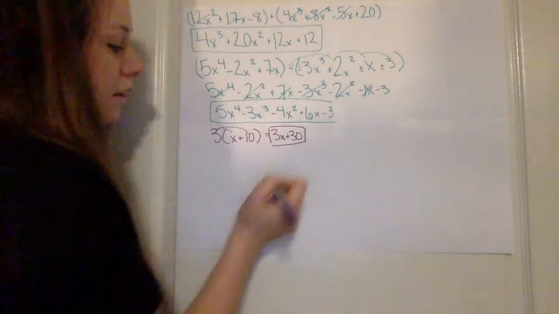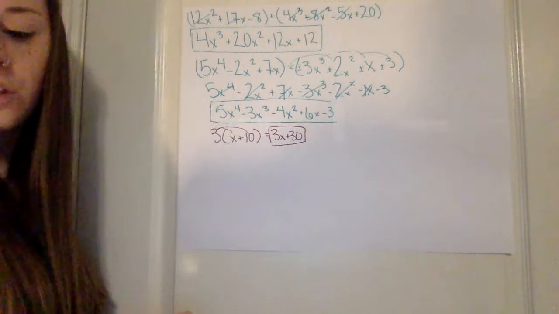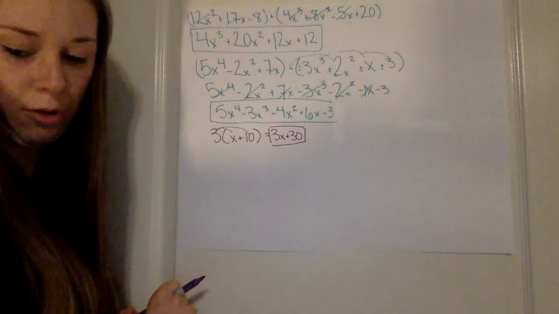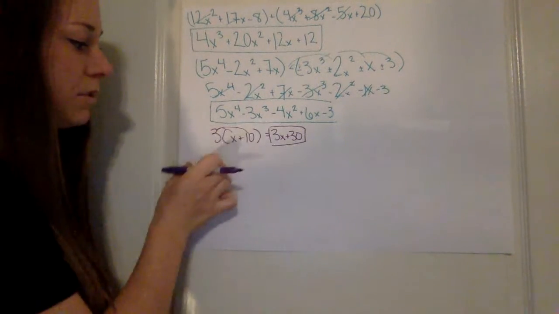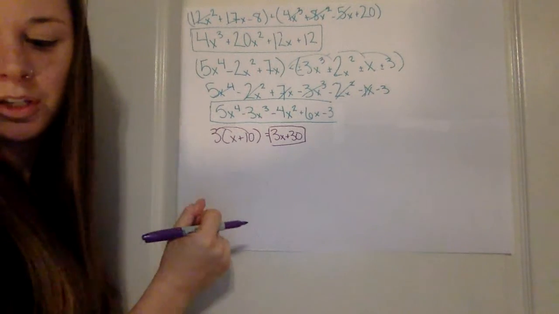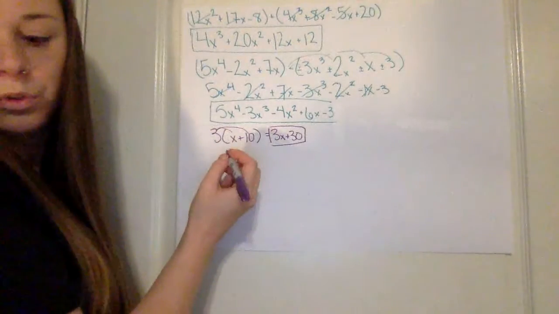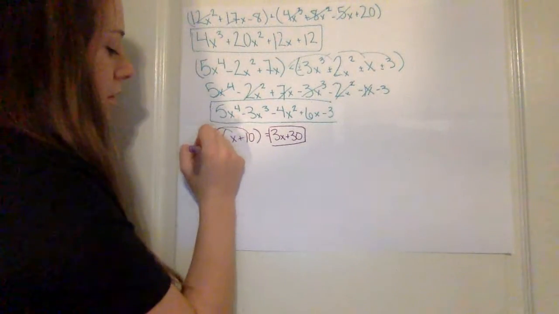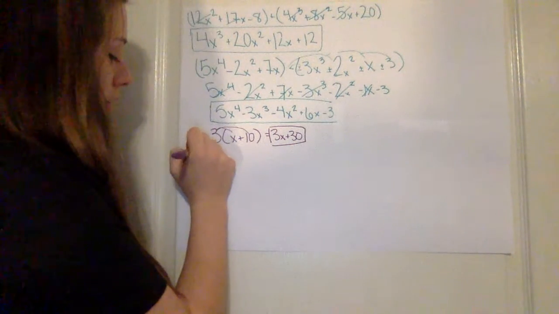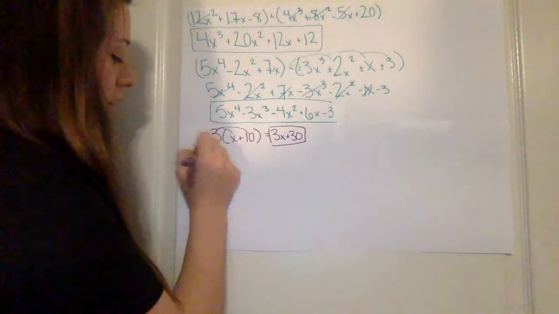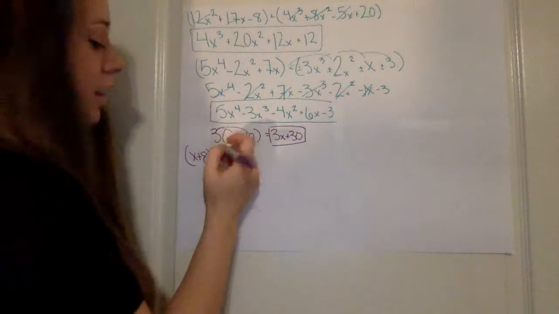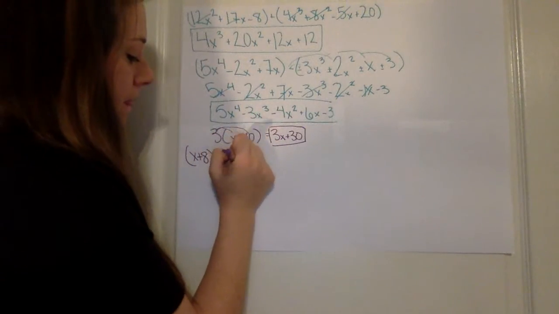That's an easy one. So then when you have a binomial, which would be 2 terms, you also distribute. So let's do x plus 8 times 3x minus 4.